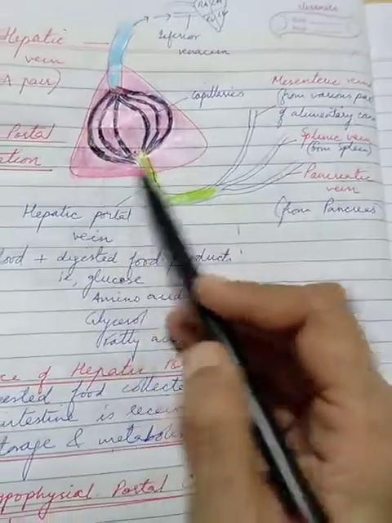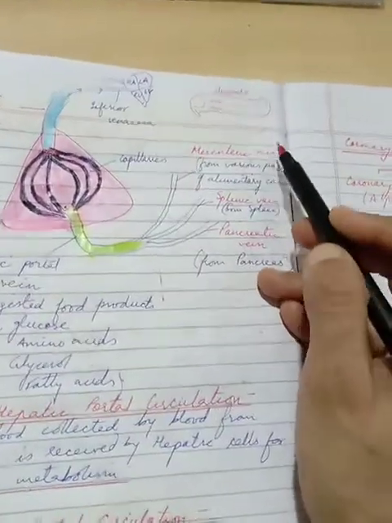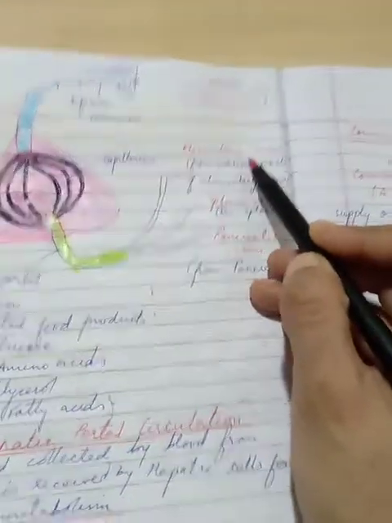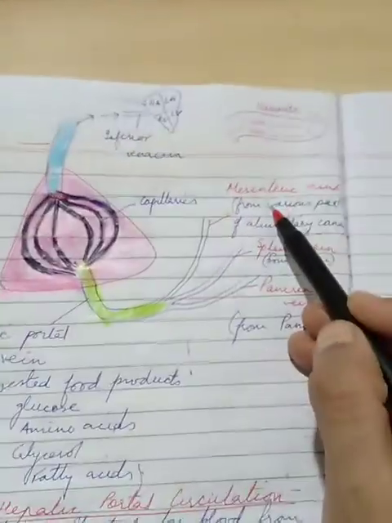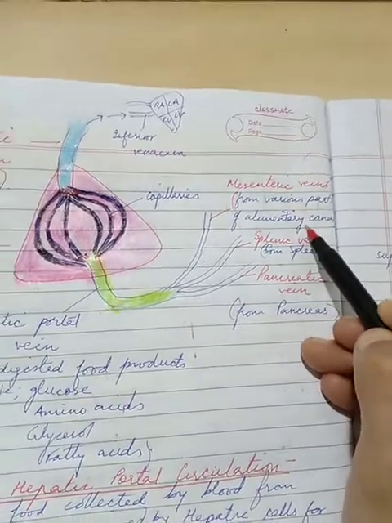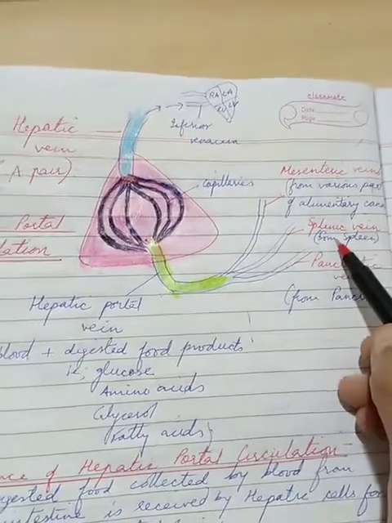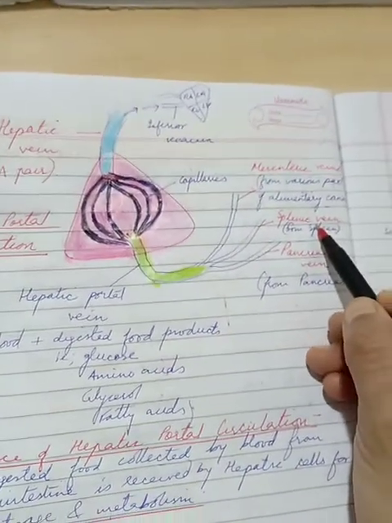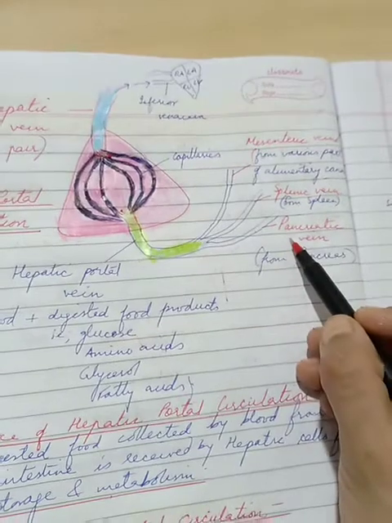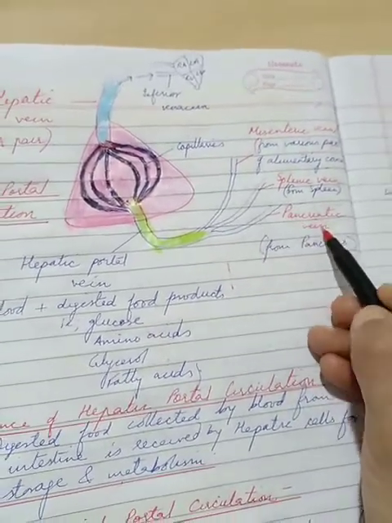If you can see, this is receiving various blood from the mesenteric vein. Now, certain new terms you might find. Mesenteric vein means the veins from various parts of the alimentary canal. Then it is also receiving the vein from the spleen, and we call it the splenic vein. Then it is also receiving the vein from the pancreas, and we call it the pancreatic vein.